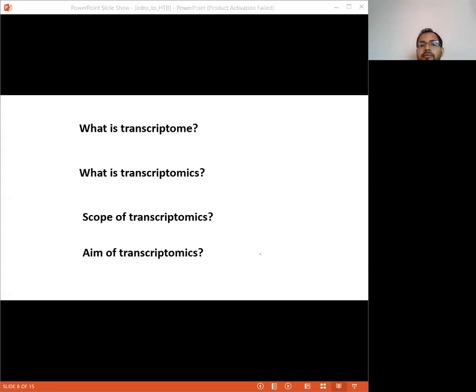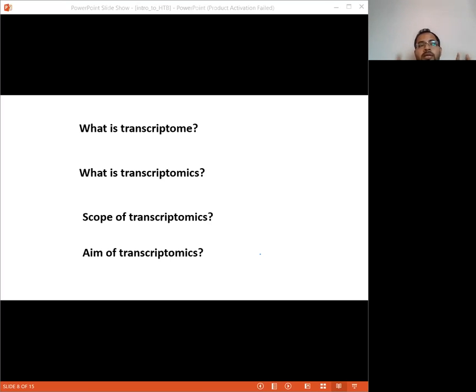So from that we can find some genes, and we can define the structures of the genes based on their transcriptomic study.